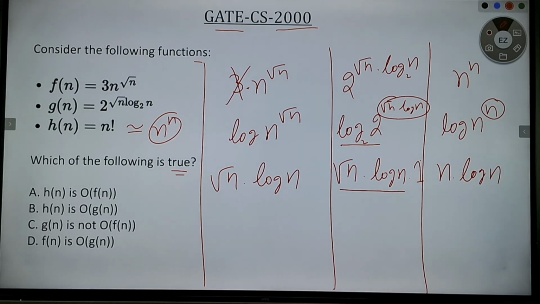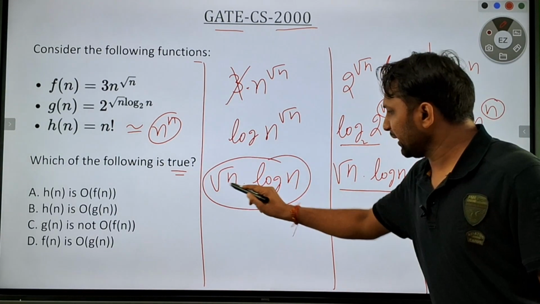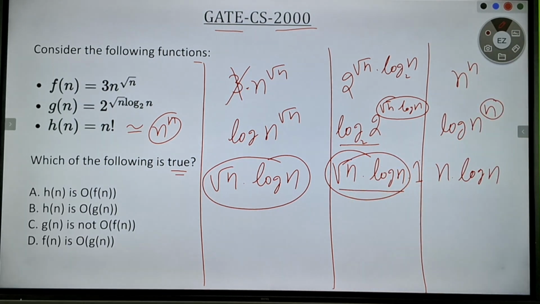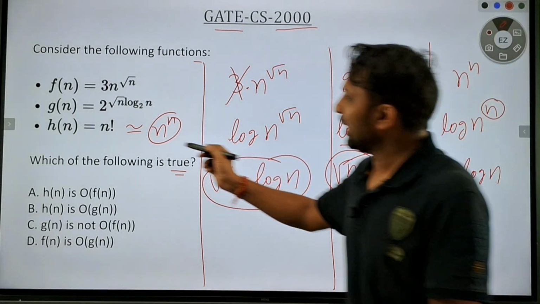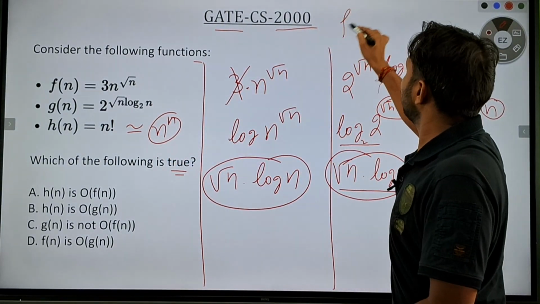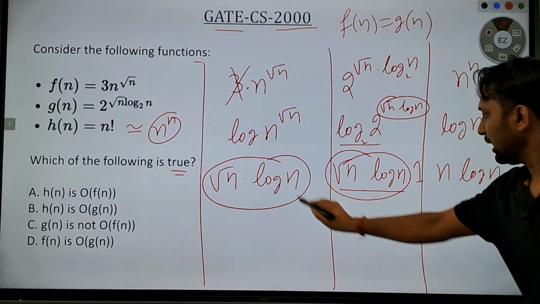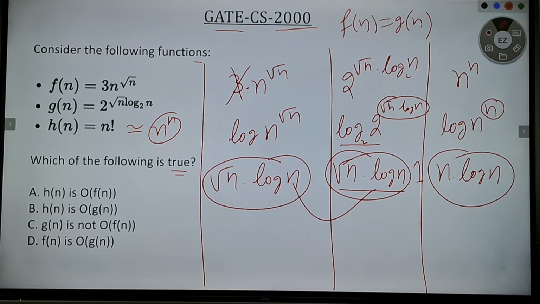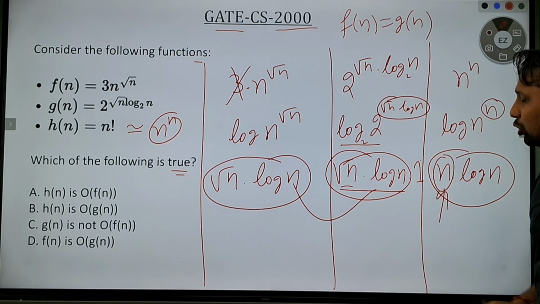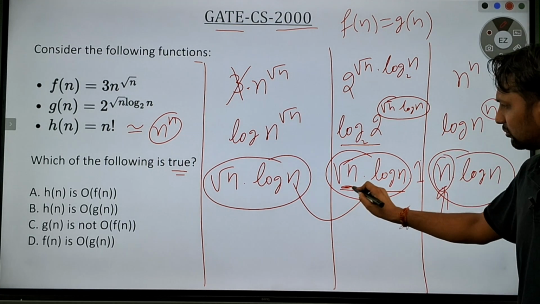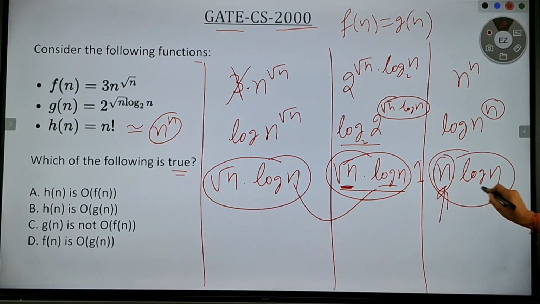Here you can see directly that root n into log n are the same. They are equal, so I can say that Fn and Gn are equal. And n log n is greater than root n into log n, because log n is common but n is greater than root n.